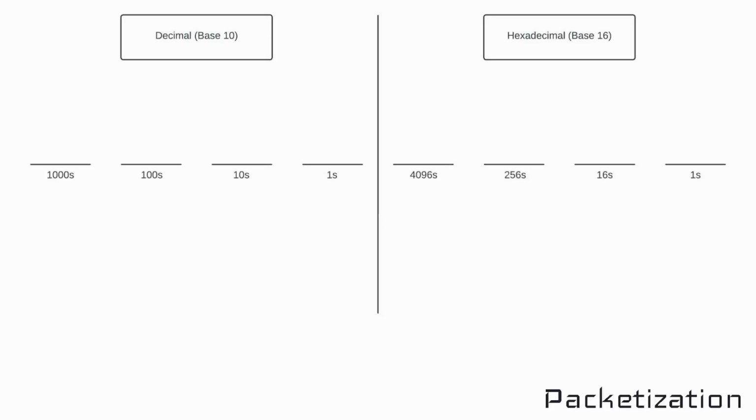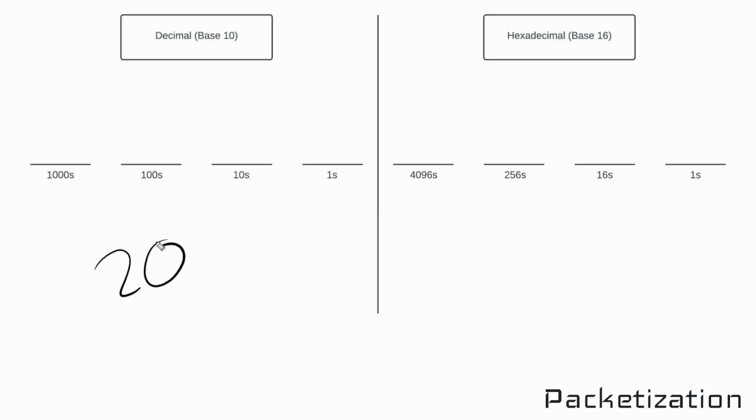So let's take a look at a couple of examples where we convert from decimal to hexadecimal. So if we have a decimal value of 20, for example, what does that look like in hexadecimal? And this is similar to the concept that we went over in a previous video of converting from decimal to binary, where we have placeholders and we want to find the highest placeholder that can fit inside of the decimal value.